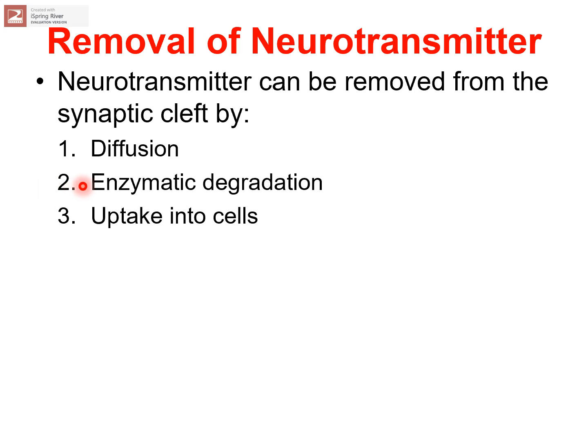Now, if you remember, we looked at acetylcholine esterase. Acetylcholine esterase is the enzyme that degrades acetylcholine at the neuromuscular junction.